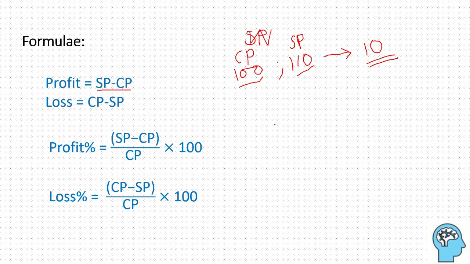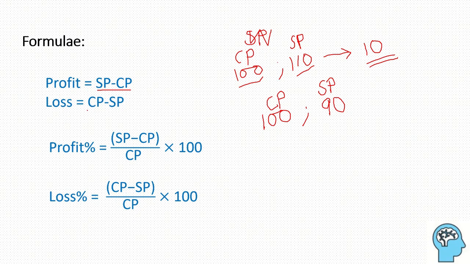So when are you getting loss? Suppose the same, you bought the article for 100 rupees. The same example. So the cost price is 100 rupees, and you sold it for 90 rupees. Selling price is 90 rupees. So here cost price is more than selling price.